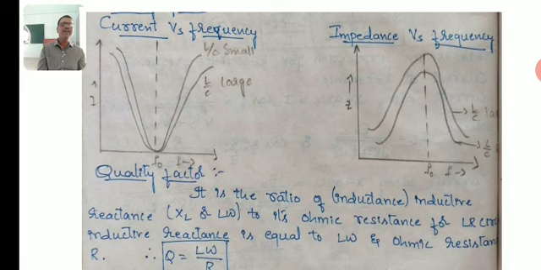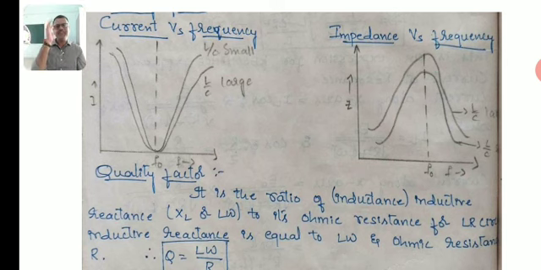Further, as the frequency increases, the impedance goes on decreasing, just as in the diagram. The left side of the diagram gives the variation of current with the frequency, and the right side of the diagram gives the variation of impedance with the frequency.